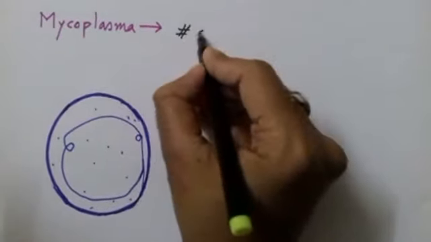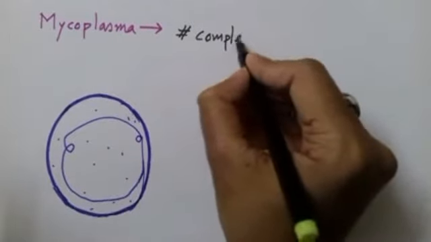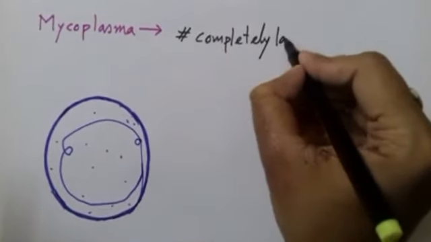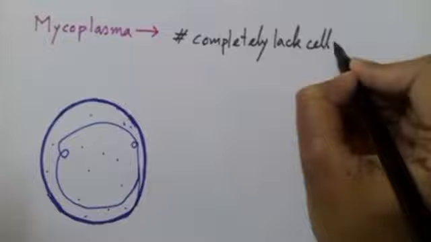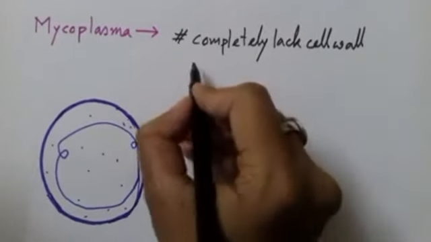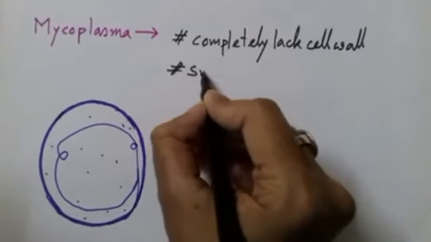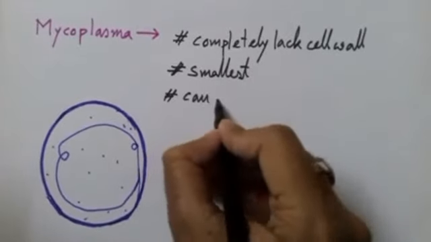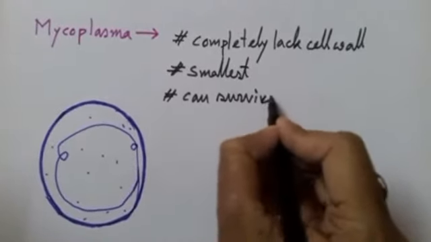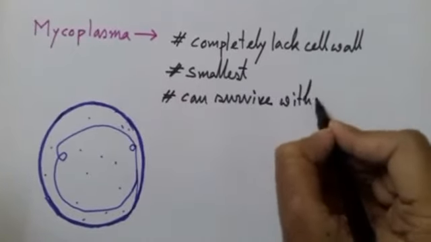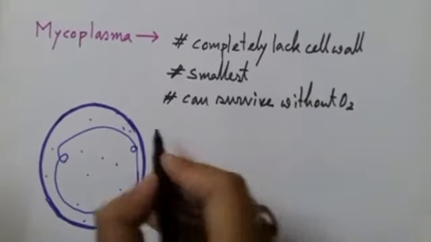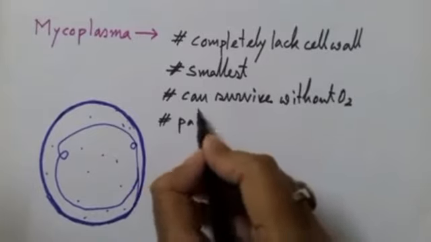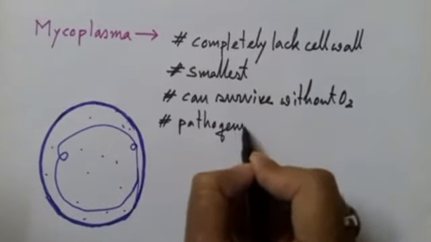They completely lack cell wall. These are the smallest organisms, and they can survive without oxygen also, and some of these are pathogenic to humans as well as animals.